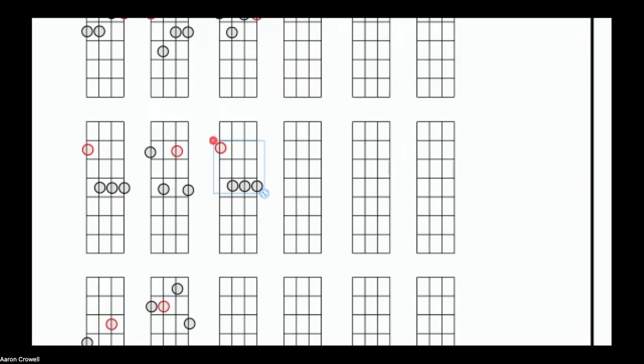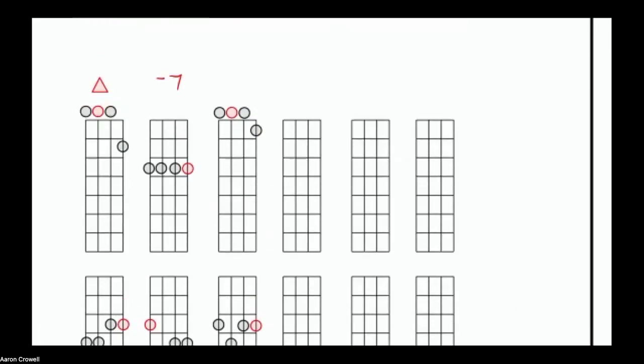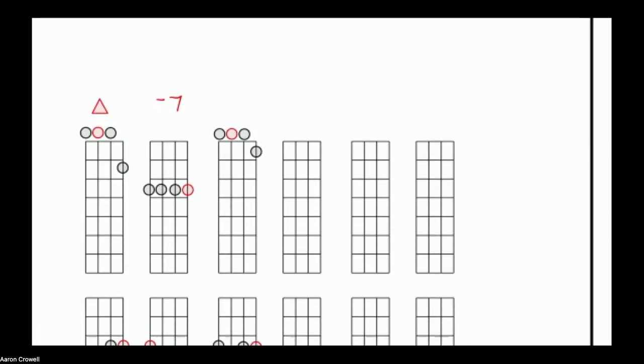Root on the 5th fret. Flat the 7. And last but not least, root on the 8th fret. And we flat our 7. This makes for a dominant 7 chord.